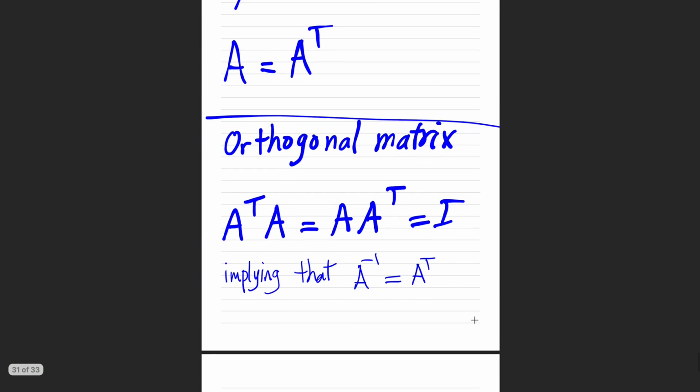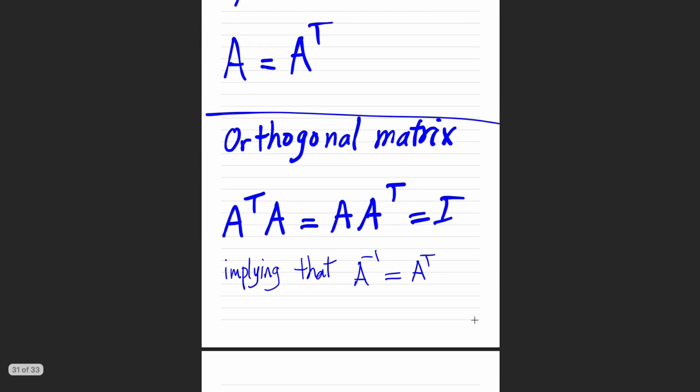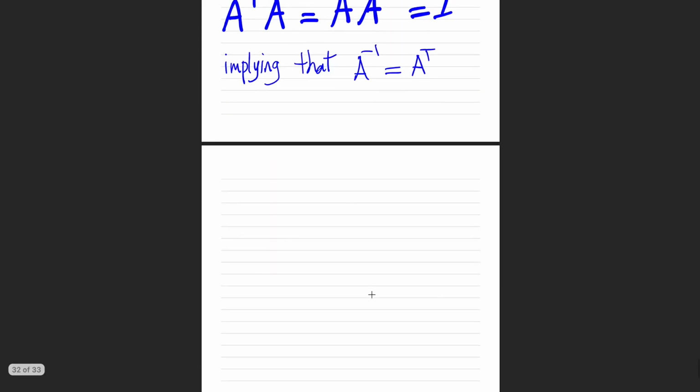An orthogonal matrix is a square matrix whose rows are orthonormal. Essentially, A transpose A equals A A transpose equals identity, implying that A inverse is A transpose.